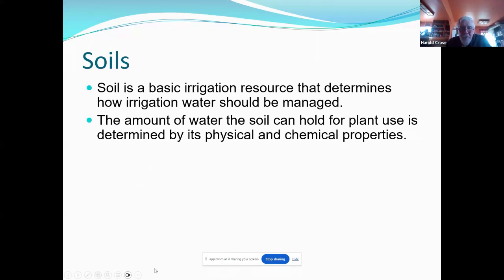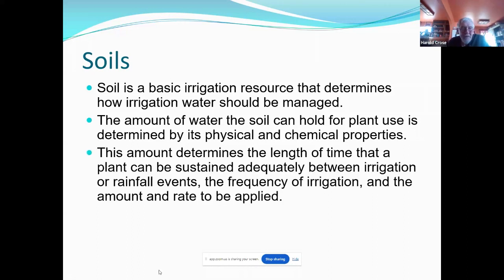The amount of water the soil can hold for plant use is determined by its physical and chemical properties. This amount determines the length of time that a plant can be sustained adequately between irrigation or rainfall events, the frequency of irrigation, and the amount and rate to be applied. And we'll talk more about how you're going to calculate those frequencies based on soil type and crop.